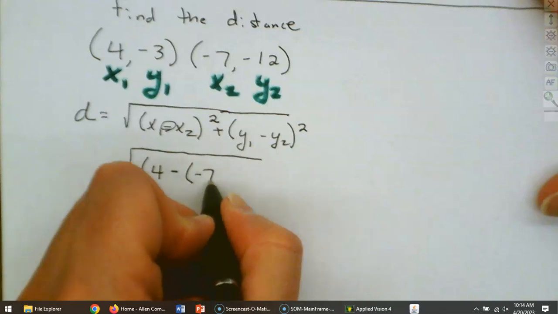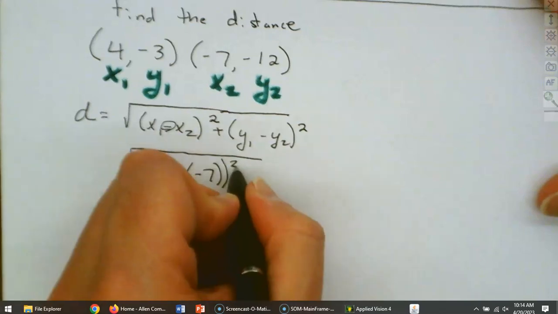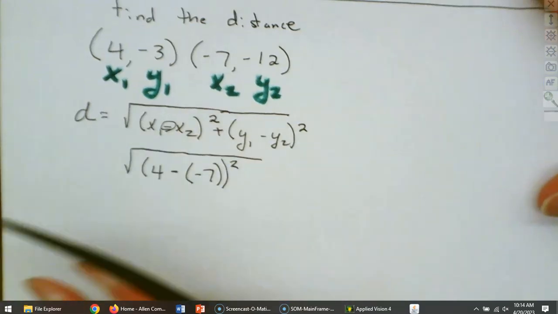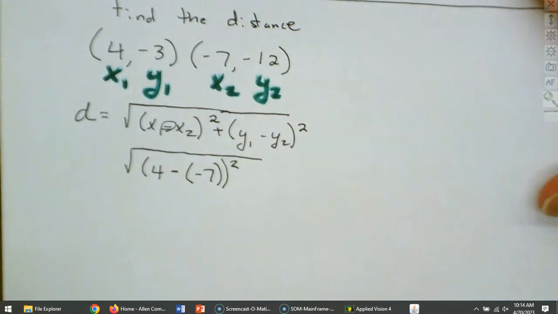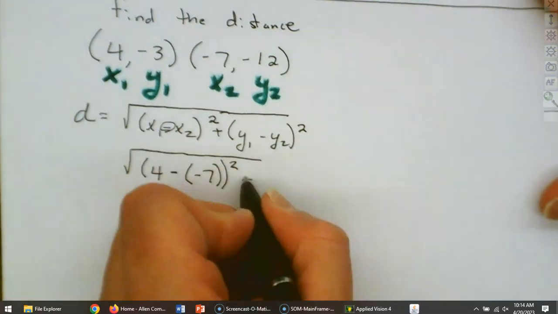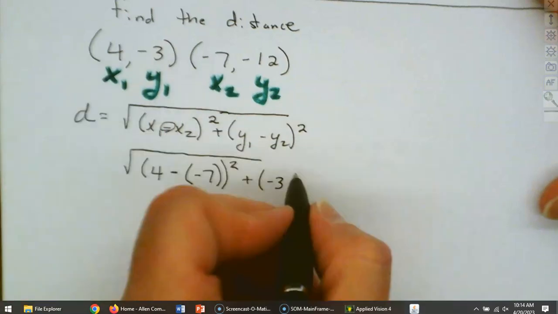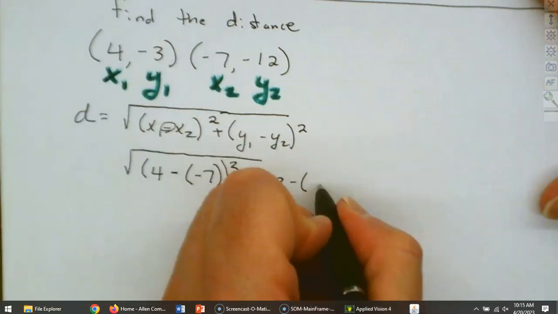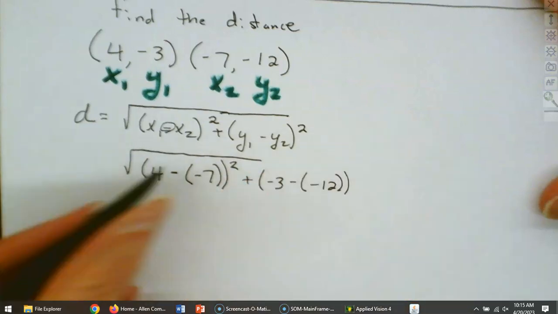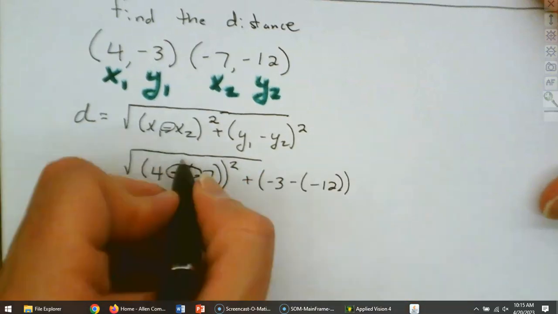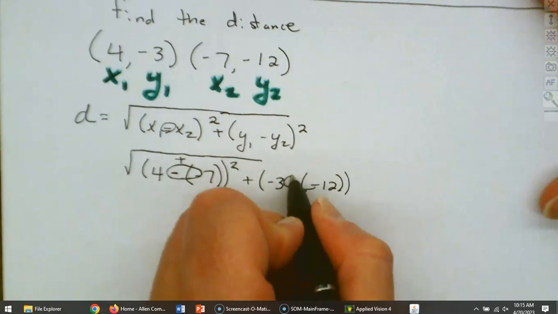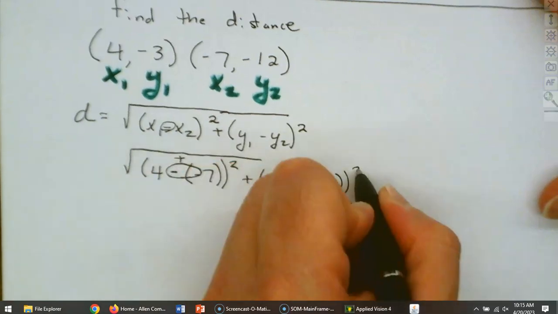We have a double negative, -7. That's the most commonly made mistake, is the double negative. Okay, so be very careful with that. And then we've got a plus. We have a minus 3 minus a minus 12. And we know that double negative makes it positive, and so does this one.